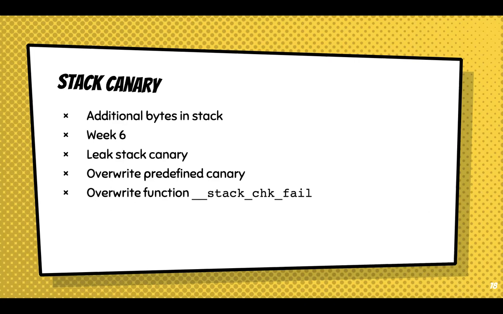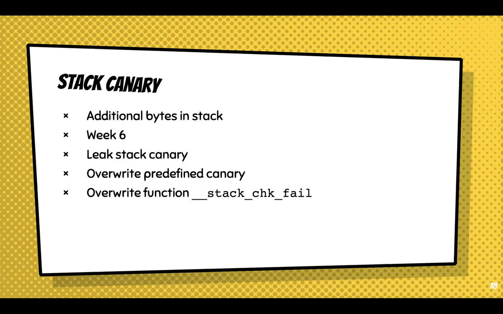So you want to make sure that if you overwrite the stack, you either don't touch the stack canary, or you overwrite the stack canary with the same value, so that when the stack canary check happens, it will not detect a violation. It will not detect a change of the value of the stack canary. And this refers to the videos that we have for week 6. So if you don't remember that, feel free to check the videos in week 6.